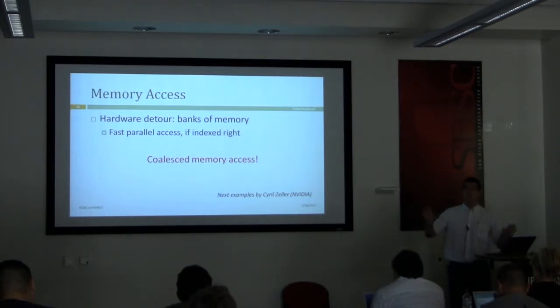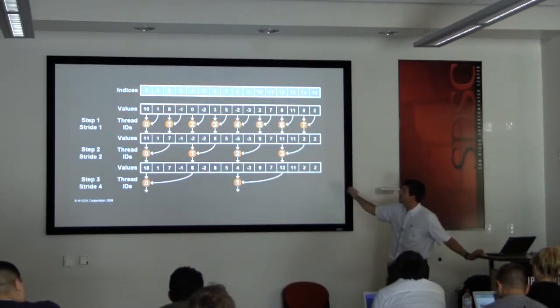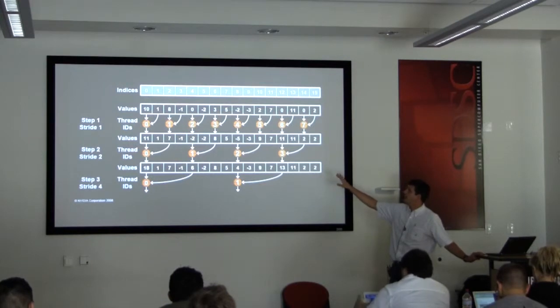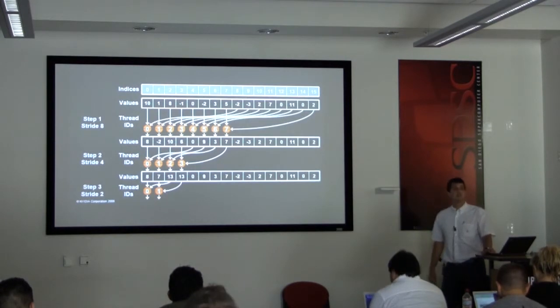Just be brave. Don't just let it go. It will work. So this is just a quick example for you to see how this reduction could go, this pyramid style. And of course, there are different kinds of patterns you can imagine here. This is one of them, and this is another one, right?